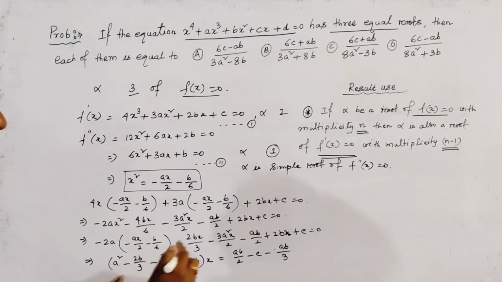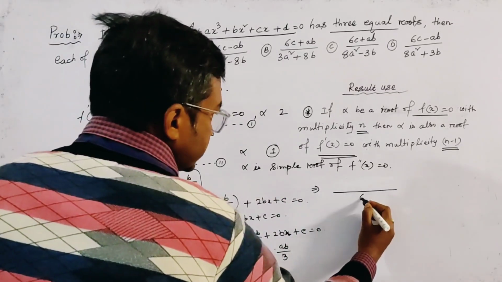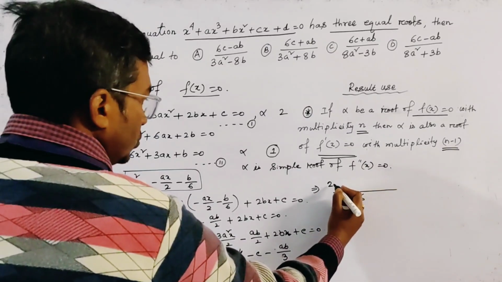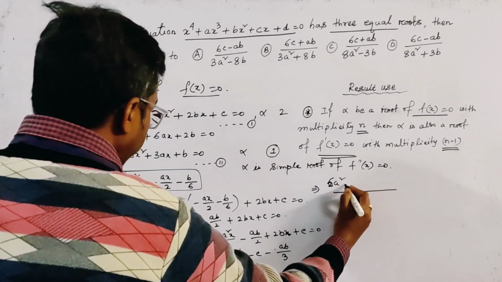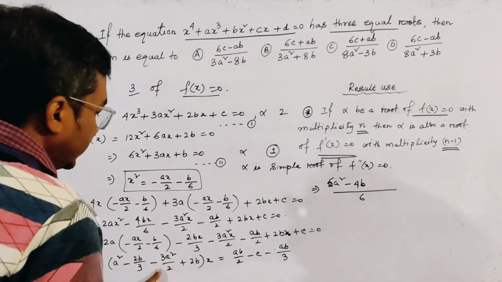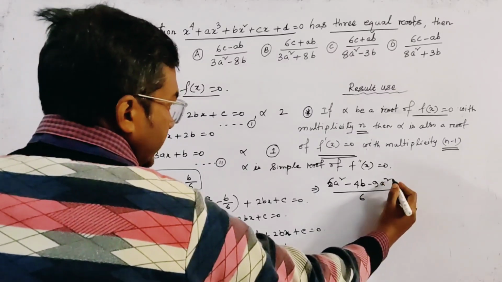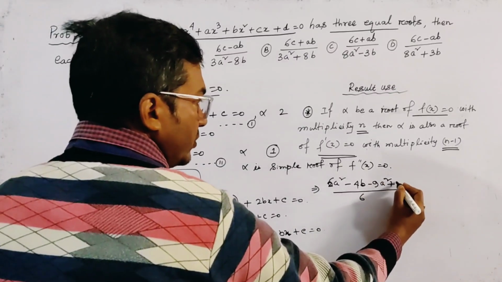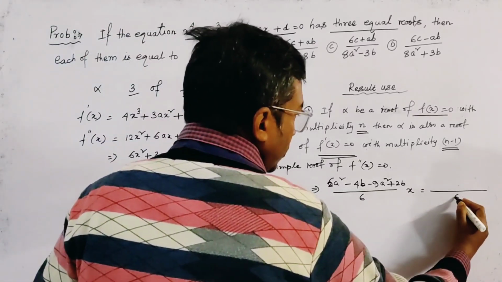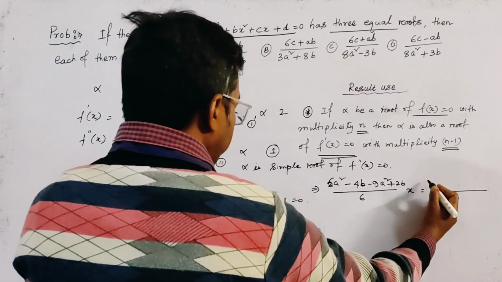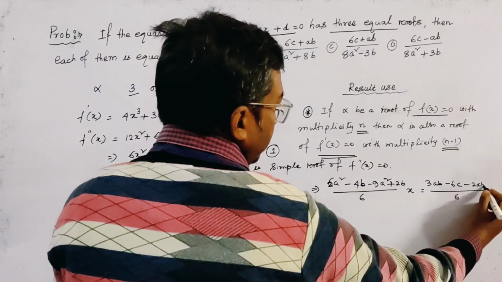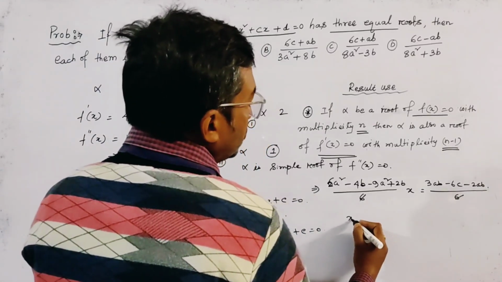By taking LCM on the left side we get 1 by 6, and this is given by 6a square minus 4b, and the third term is minus 9a square plus 12b, into x. The right side also has LCM 6, and this is given by 3ab minus 6c minus 2ab. 6 cancels out, so we get x.